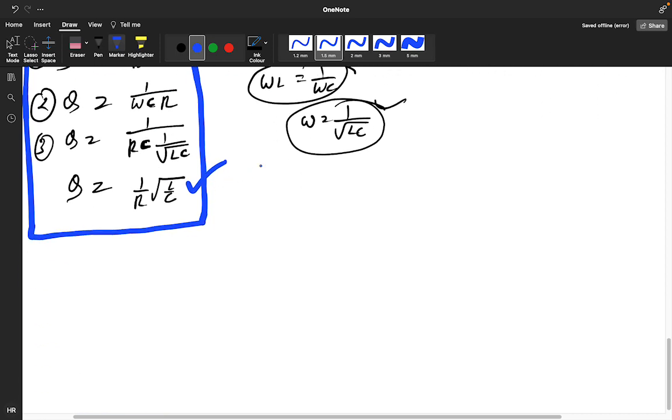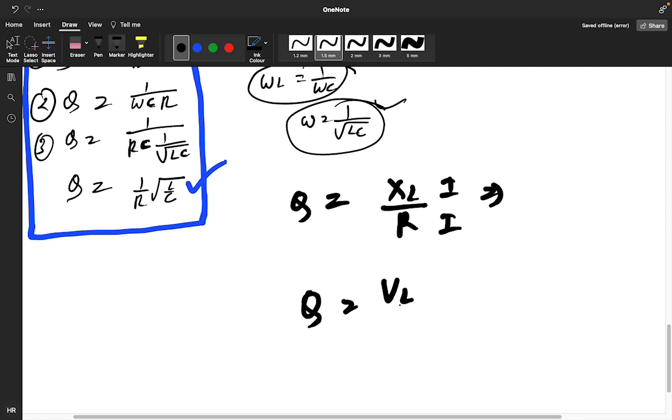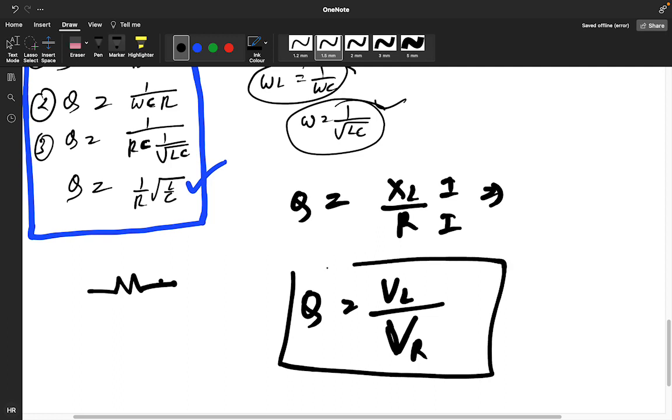And quality factor can also be written like this. You are getting XL by R, right? If you multiply I upside and I downside, it will give you VL voltage, and I into R will give you the resistor voltage, so VL by VR.